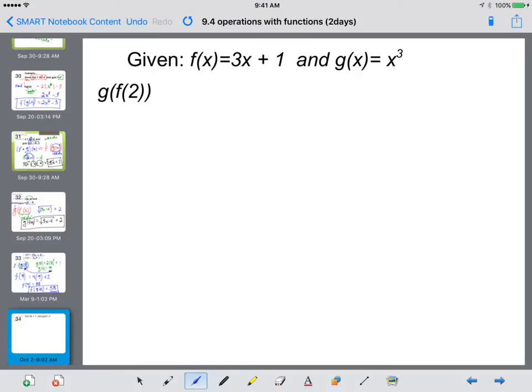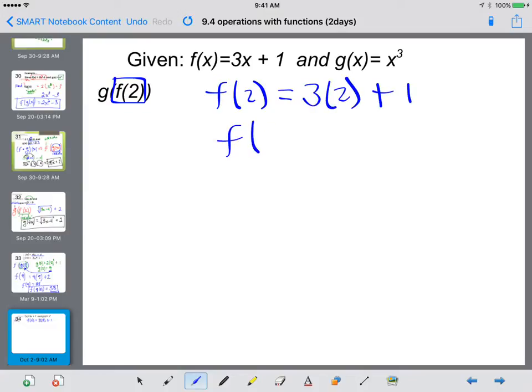Okay, g of f of 2. Again, we work our way from the inside to the outside. So let's start by finding f of 2. That just means I got to plug in 2 for x. So we have 3 times 2 plus 1. F of 2 equals 6 plus 1, 7.